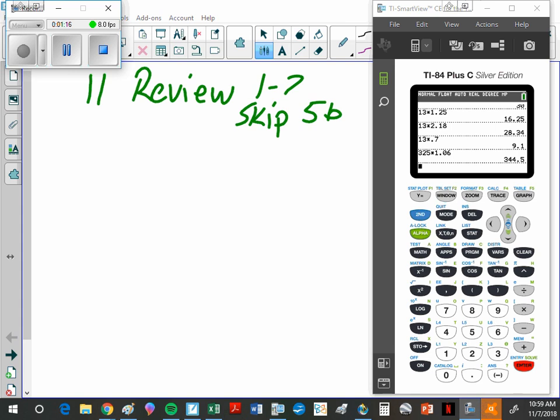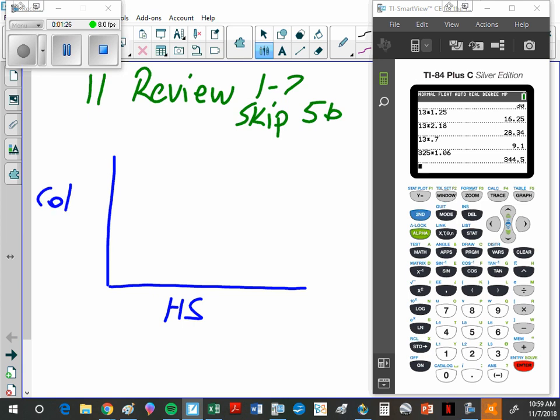Way too big. If I had high school GPA and college GPA, we would expect kids who have a high GPA in high school to have a high GPA in college.